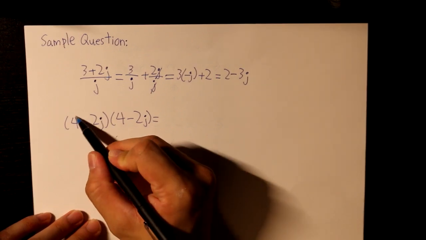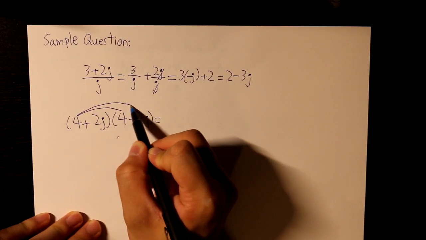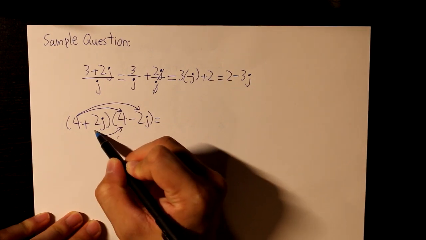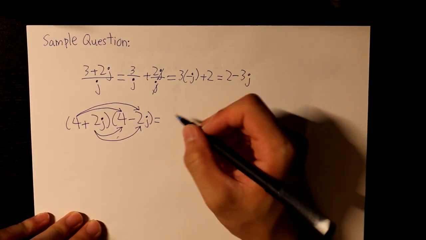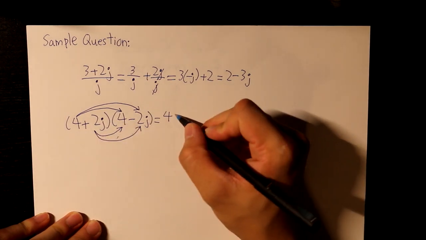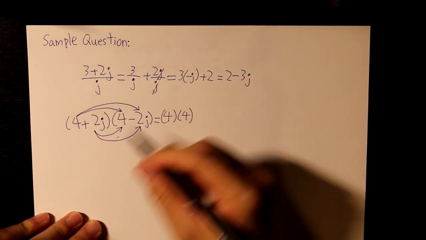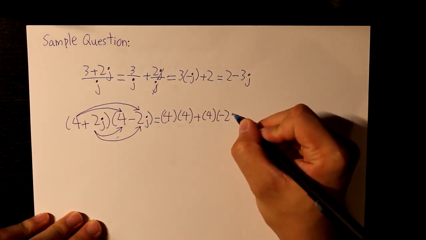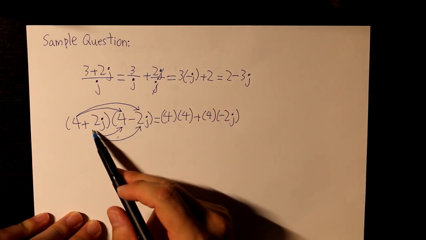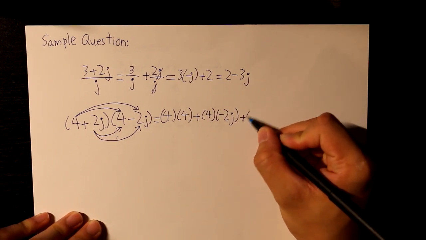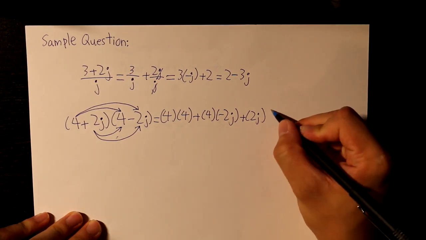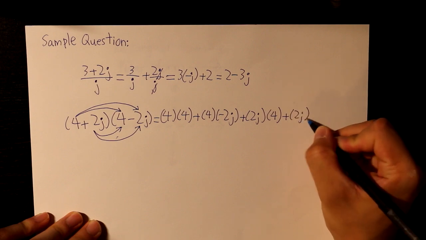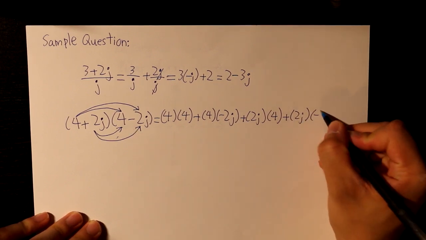So what we get is, by using our method of expansion, we have 4 multiplied by 4, and then we have 4 multiplied by negative 2j, and then we have positive 2j multiplied by 4 again, and then we have positive 2j multiplied by negative 2j.